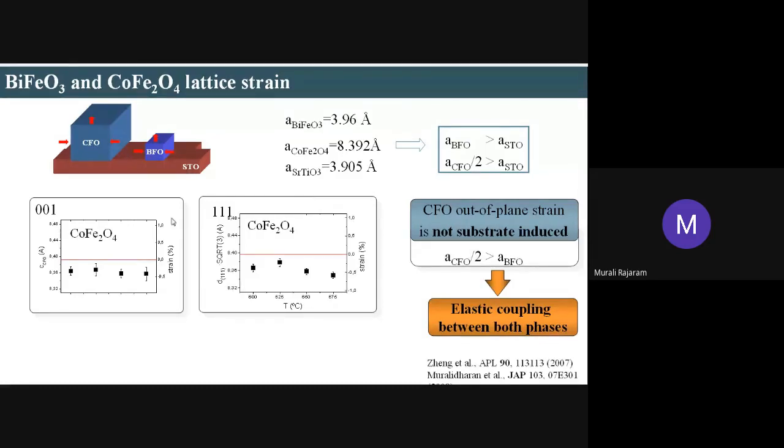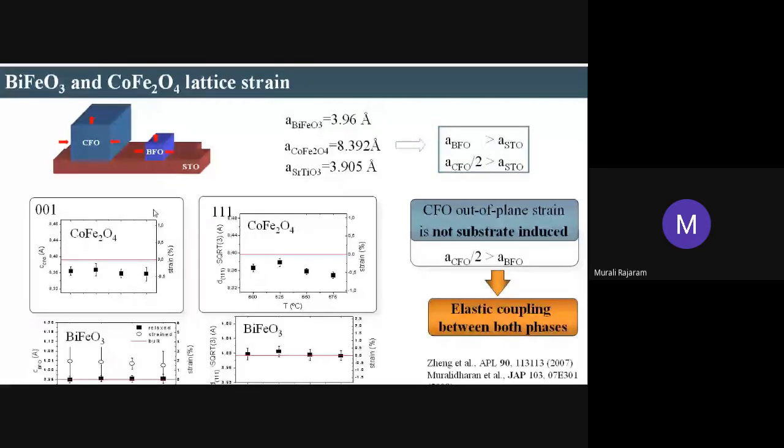On the other hand, if you see the perovskite, it is either relaxed or almost the same as bulk. So this shows that elastic coupling is occurring between the bismuth ferrite and the cobalt ferrite.